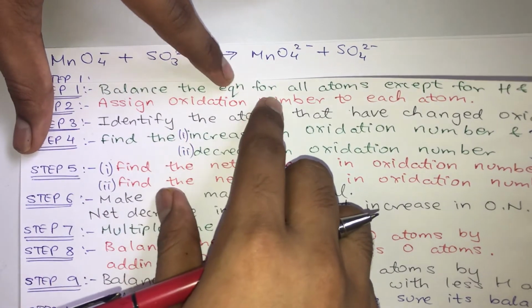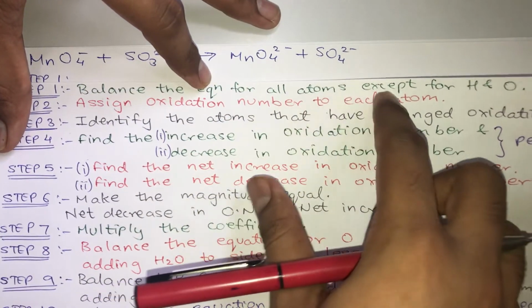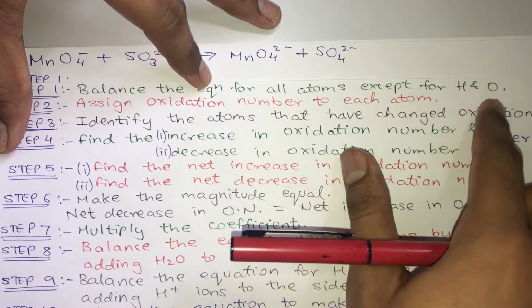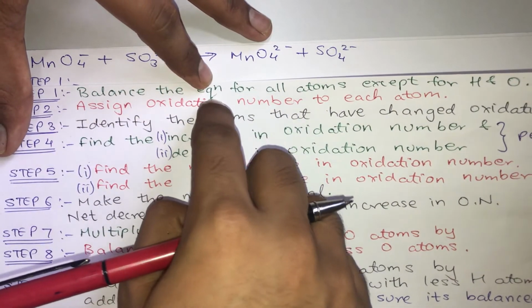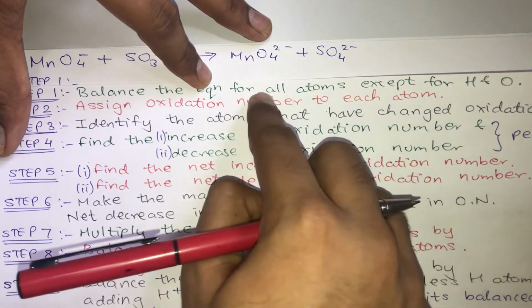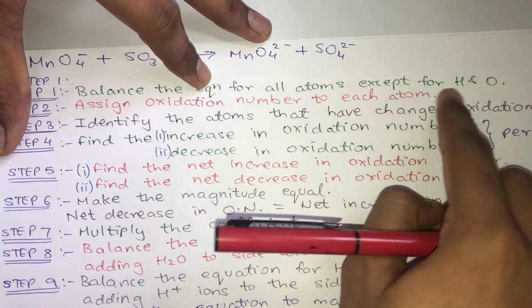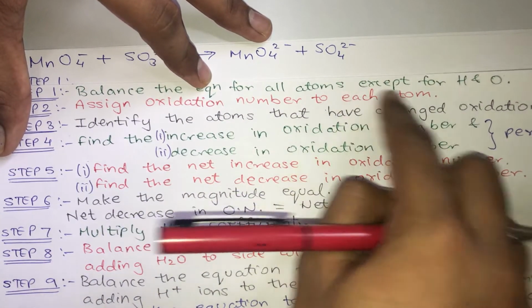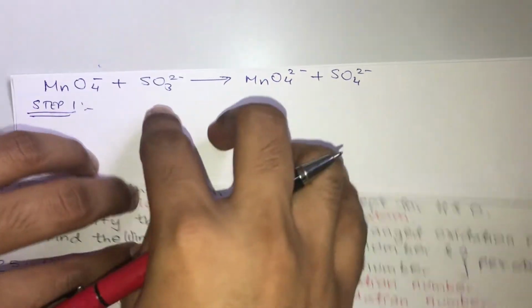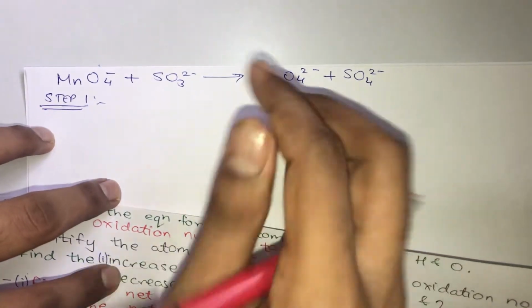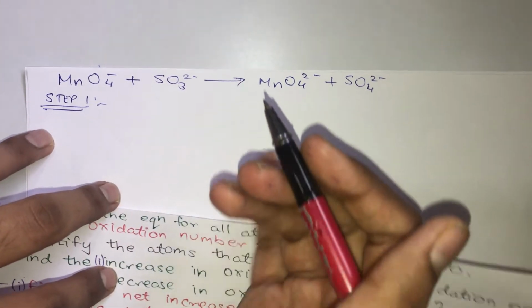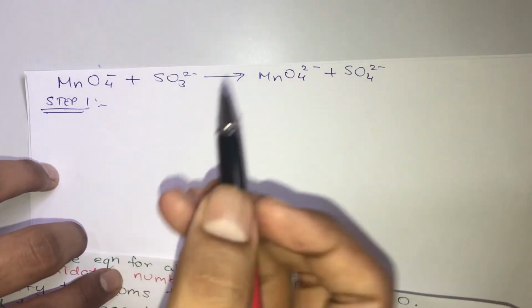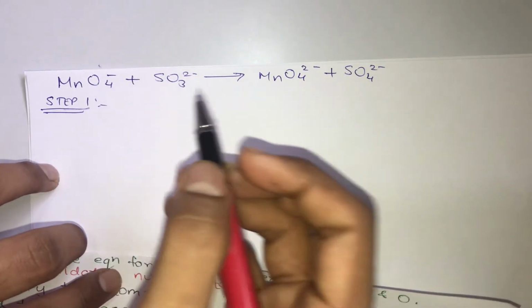Balance the equation for all atoms except for hydrogen and oxygen. Let's read it once again. Balance the equation for all atoms except for hydrogen and oxygen. So in this equation you don't need to worry about the number of oxygen atoms or the number of hydrogen atoms. All you need to do is balance the other atoms in this equation.